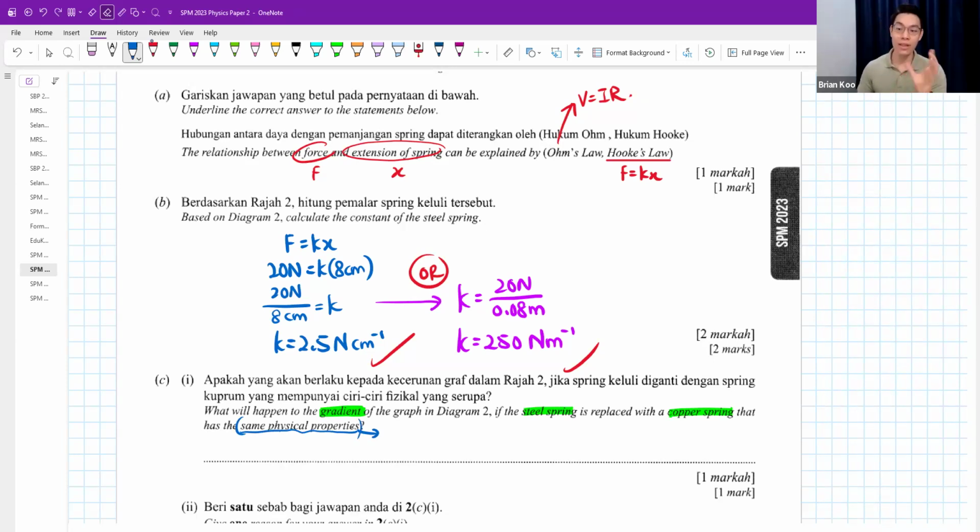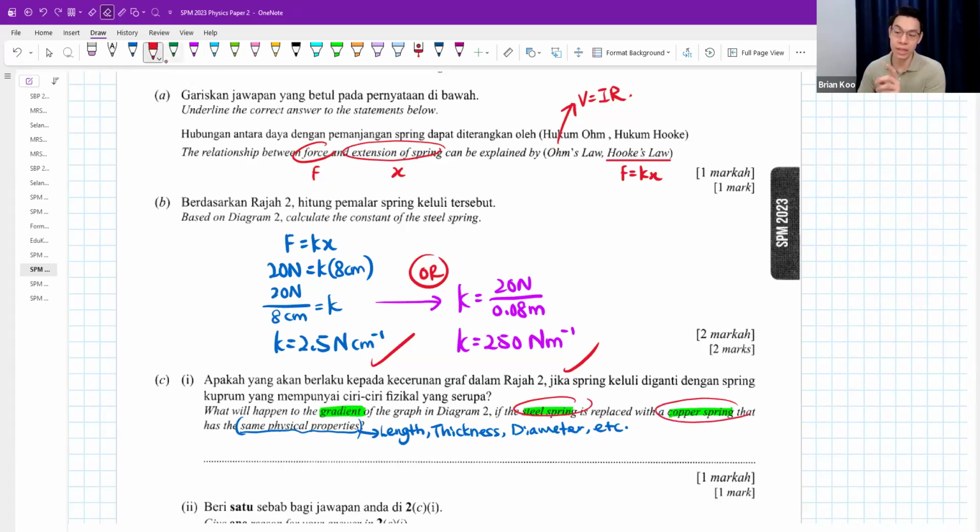That is everything that you can see from the outside, physically. For a spring, what you can see are things like the length, the thickness of the wire, the diameter and all. Physically, they're all the same, just that I changed the steel spring to a copper spring.